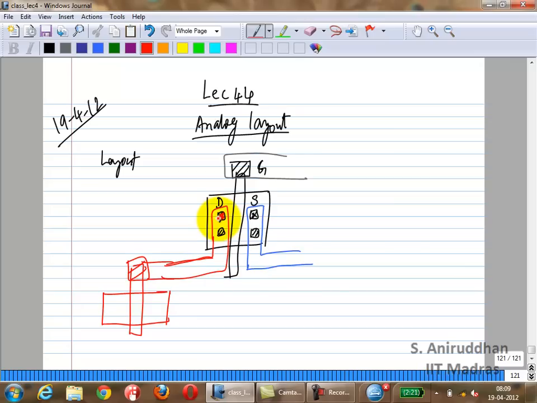Remember that the vertical dimension is the width of the transistor, and this is the length of the transistor. So the drain current will flow out from the diffusion vertically through these contacts and then horizontally through these metal lines.